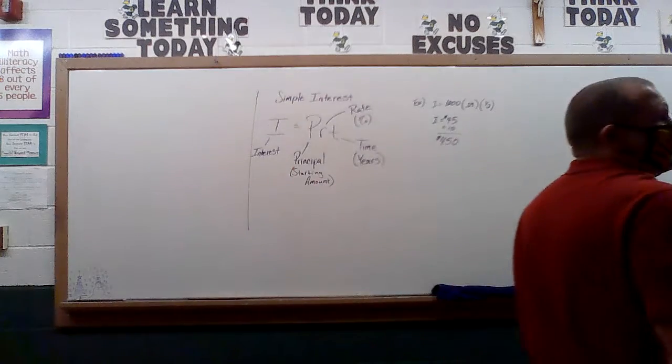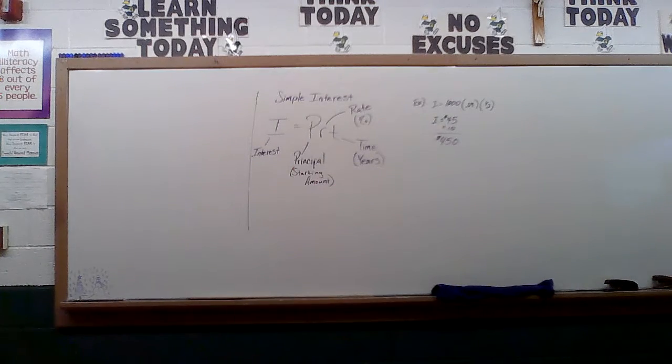From there, you're going to find the interest, like we did for today. With the information in the problem, a $1,000 bond at 9%, they don't say that it's semi-annual or annual.